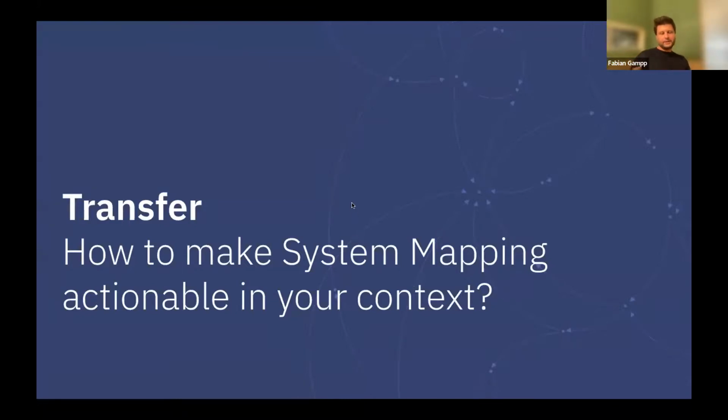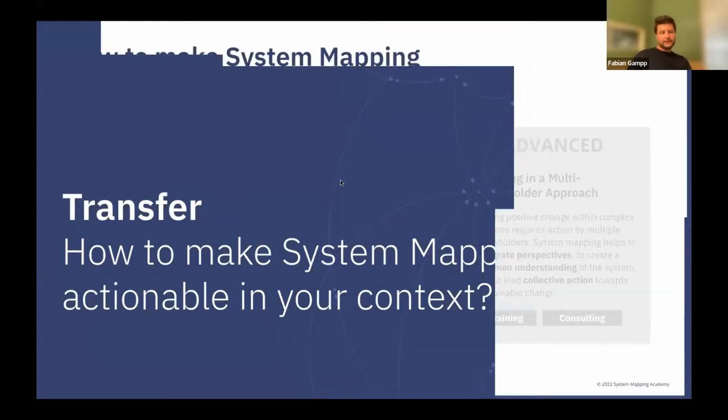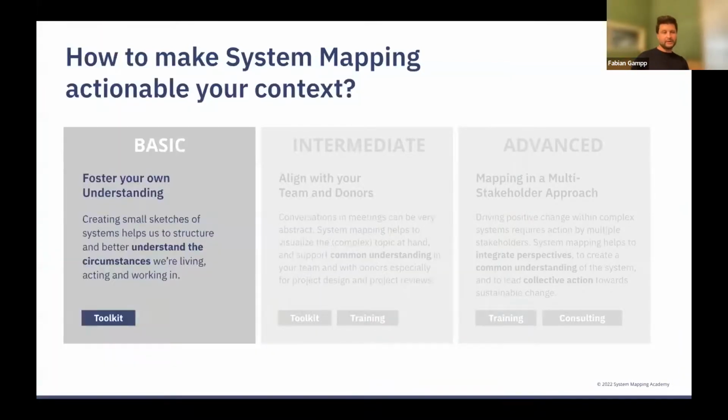So the question we wanted to answer for you today is how to make system mapping really actionable for you. We identified three possibilities, and put them into basic, intermediate, and advanced, depending on what you are looking for.